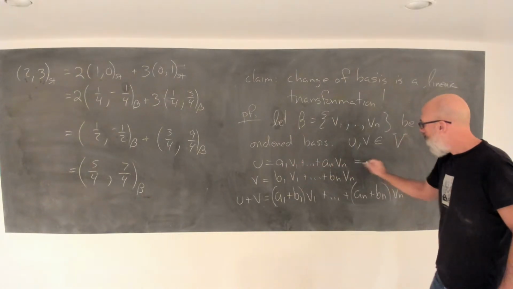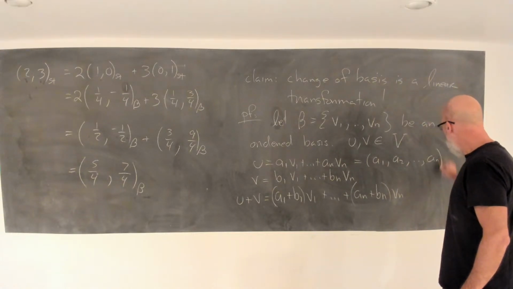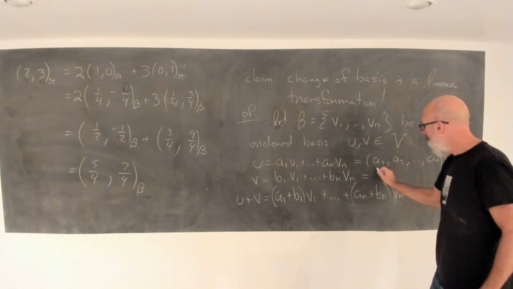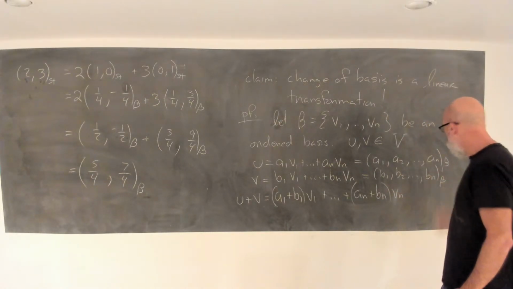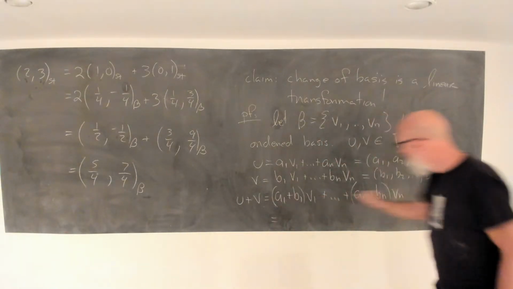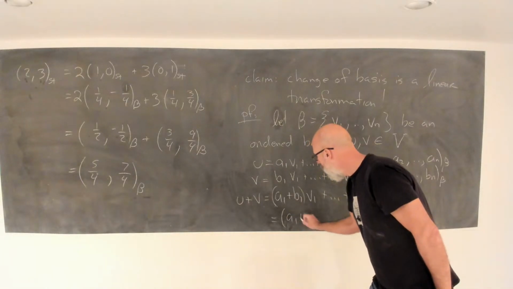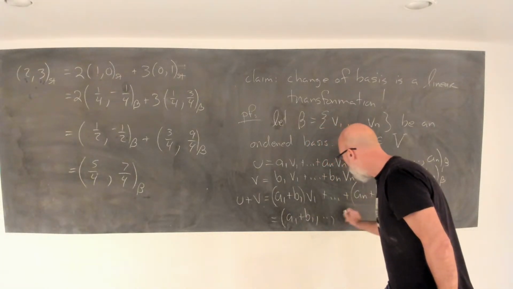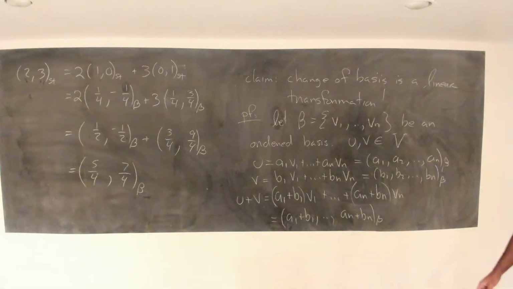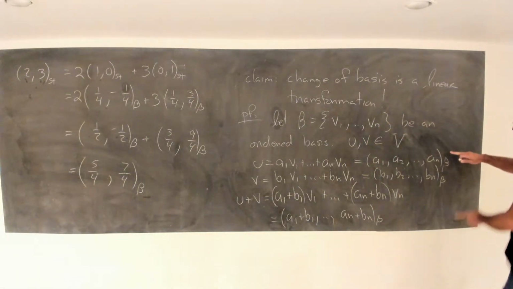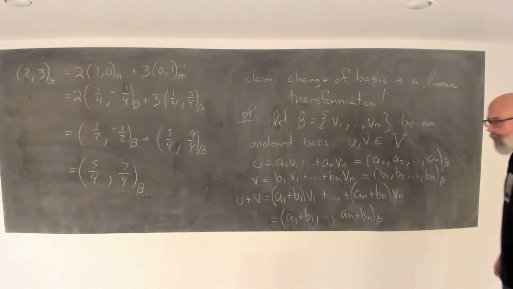But this is the representation a1, a2, ..., an in the ordered basis B, and this is b1, b2, ..., bn in the basis B, and consequently this is a1 plus b1, a2 plus b2, and so on, in your basis B. So the sum of the representations is a representation of the sum.